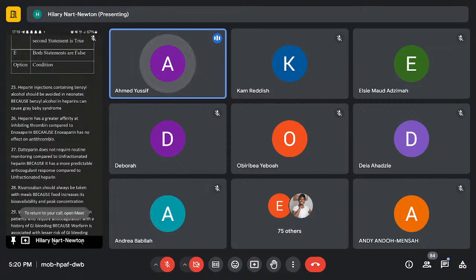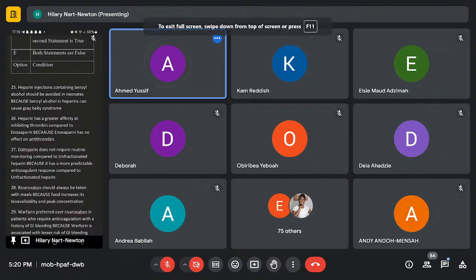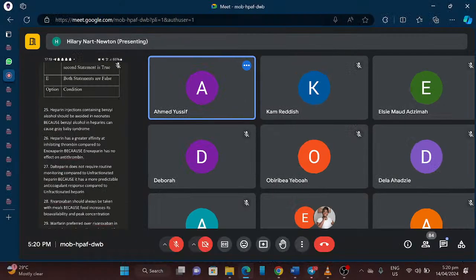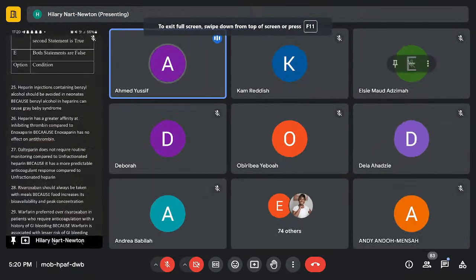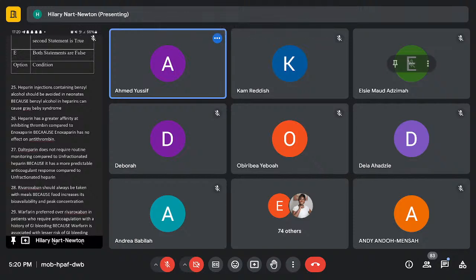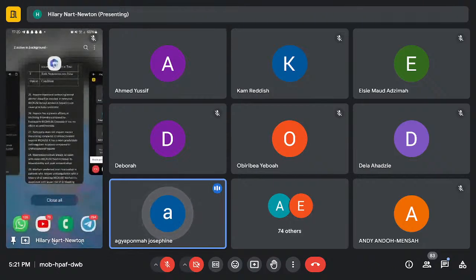So first statement, is it true or false? Dalteparin does not require routine monitoring compared to unfractionated heparin. Is it a true or false statement? A true statement.